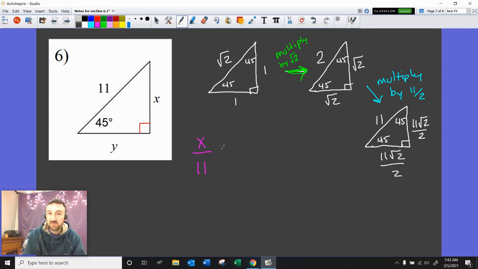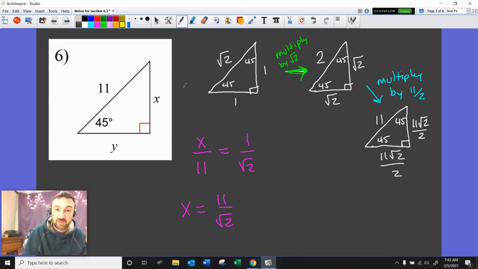X divided by 11 would equal, and then I need to compare here. X is our shortest side, or our leg of our right triangle. 11 is the hypotenuse. I've got to have the same ratio set up in my other triangle. So I'd have a 1 over root 2. So in this case, if I multiply both sides by 11, I'd get x is equal to 11 over root 2. Wait a second, that's not the same thing that we had over here.